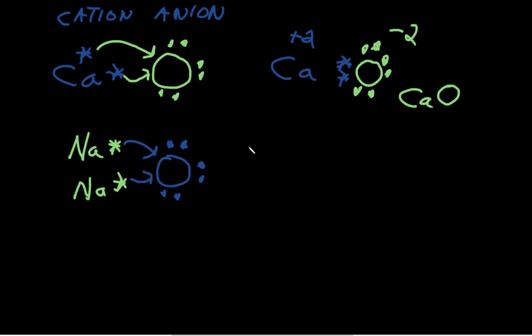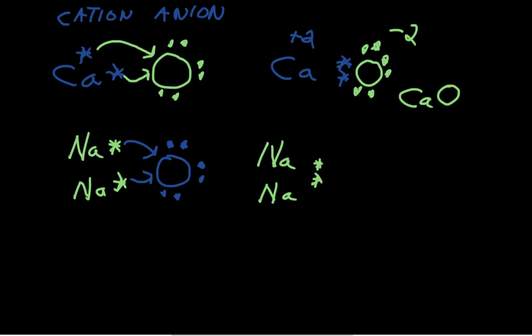If we were to look at this, we would have the sodium. We've got 2 of them, and they are losing their electrons to the oxygen. So we'll put 1 here and we'll put 1 there.